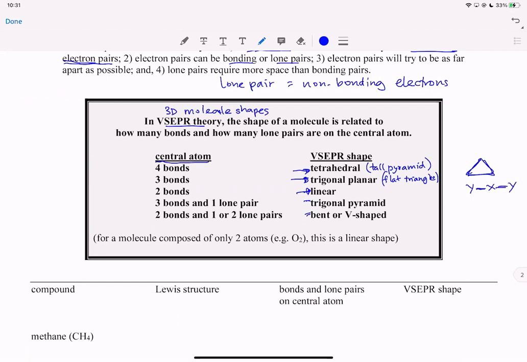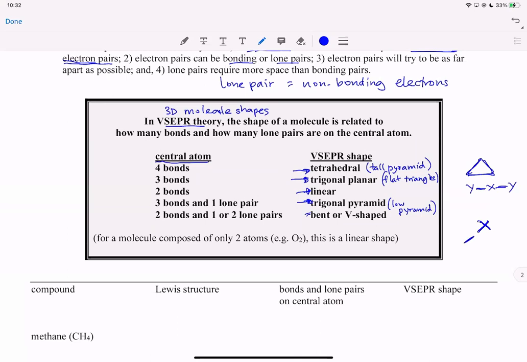And then you have also 3 bonds and 1 lone pair. Now, once you add in a lone pair, lone pairs start to take up more space. Compared to the trigonal planar, which would have just 3 bonds, the trigonal pyramid is a low pyramid. It's a base of 3, with X as the central atom.